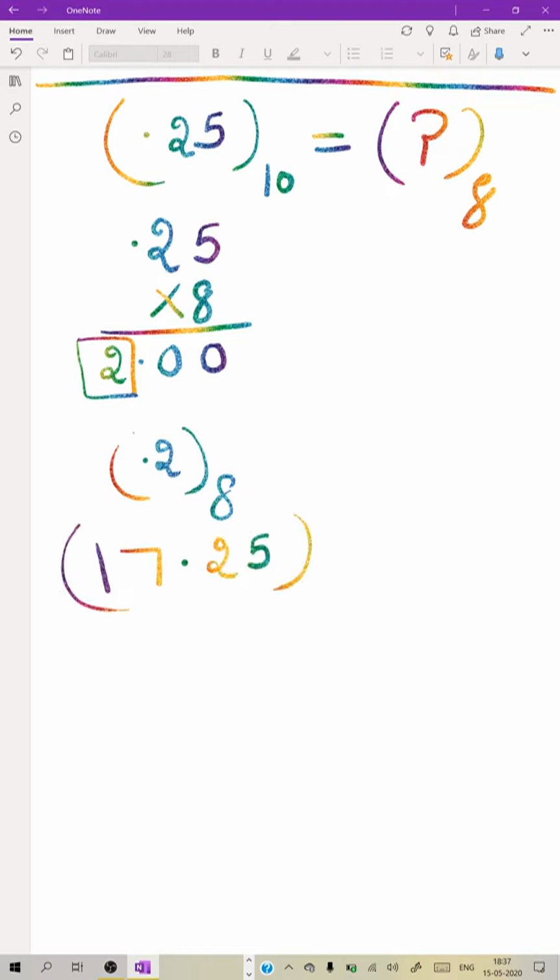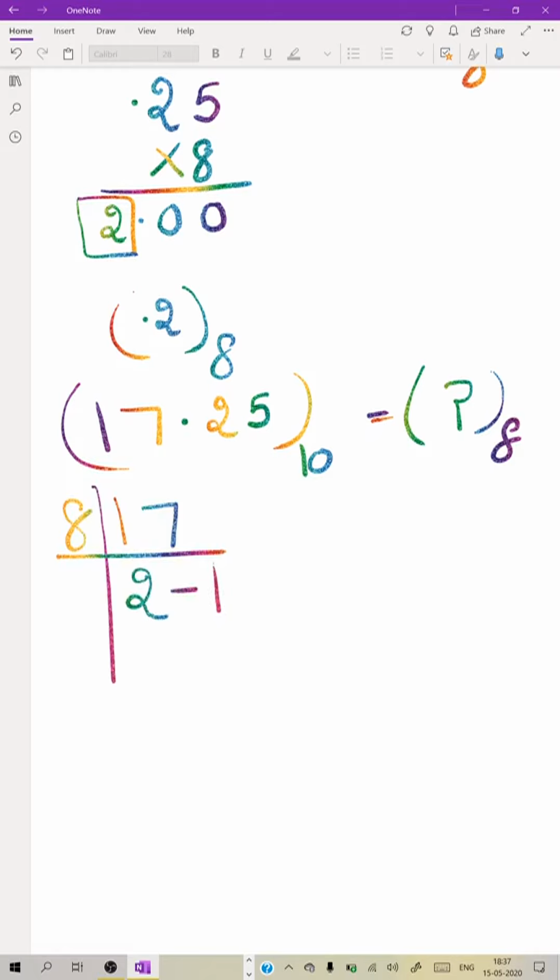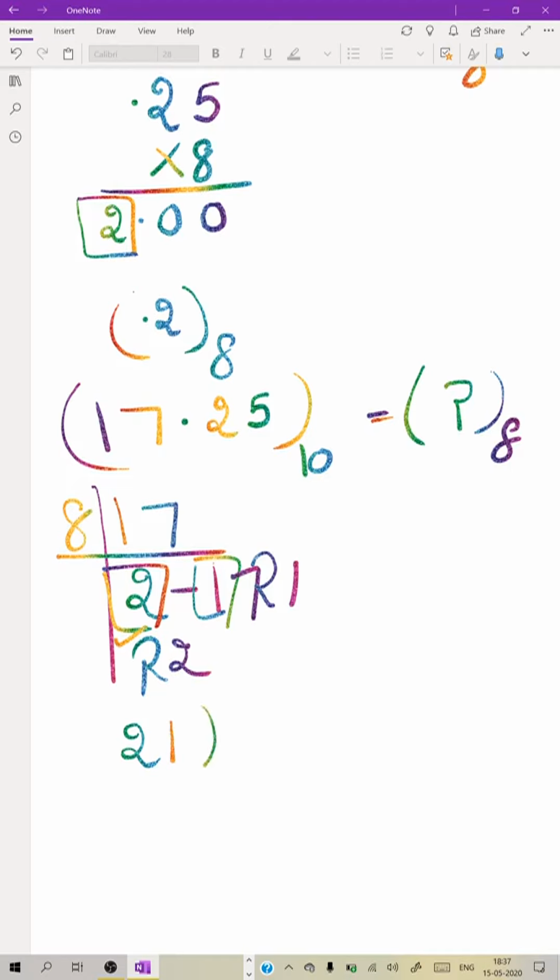For example, this question in this way: 17.25 decimal, convert into an octal number. So you can convert 17 in the simple way, the divide method. 8 2s are 16, carry 1. So this is your remainder 1 and this is your remainder 2. So our answer is: first write down remainder 2, then remainder 1, and after that write down the dot.